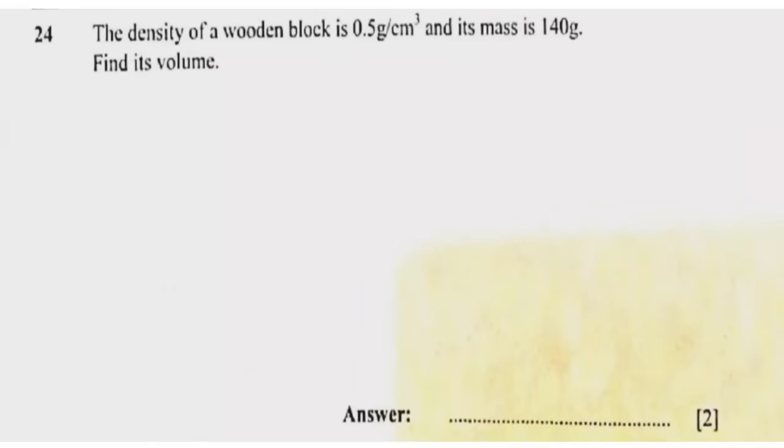You can use the same formula for density to find the volume, or you can use the formula of volume. When you're finding volume where density and mass are given, the formula we use is volume is equal to mass over density.